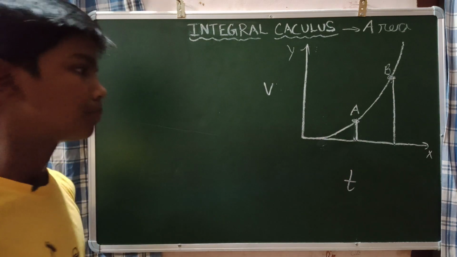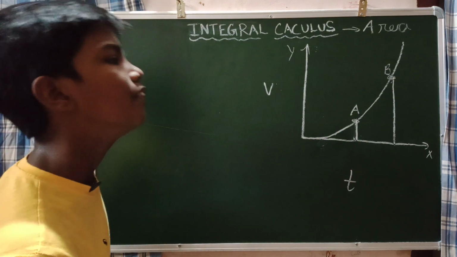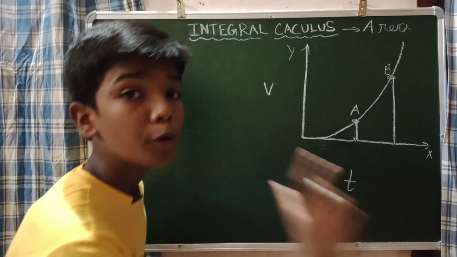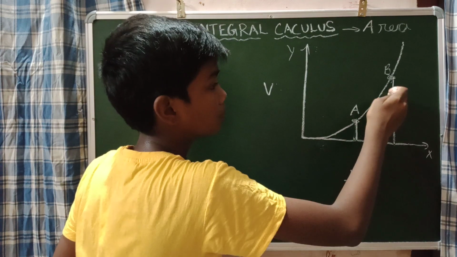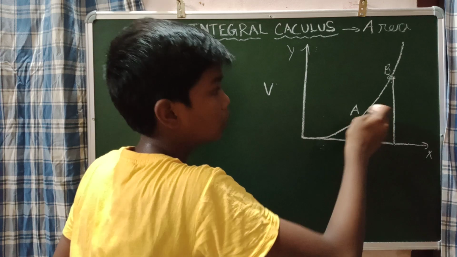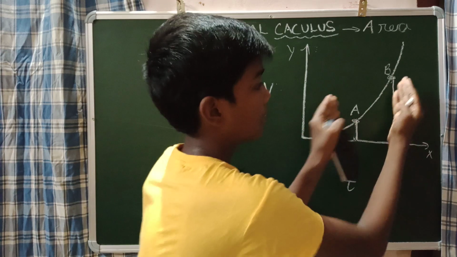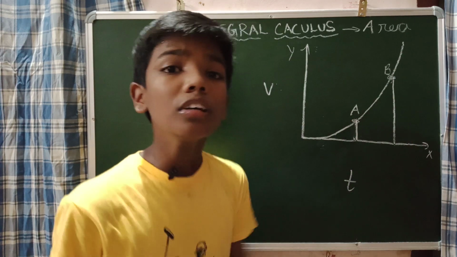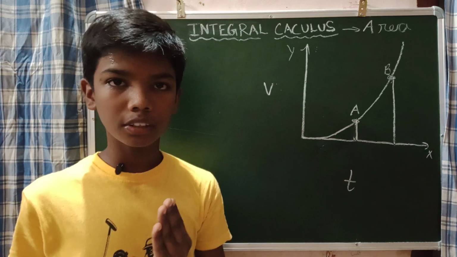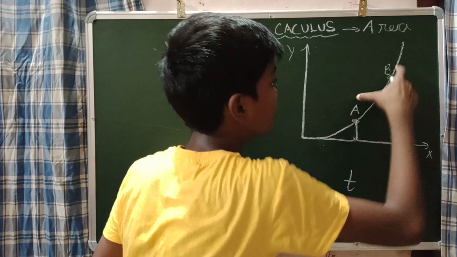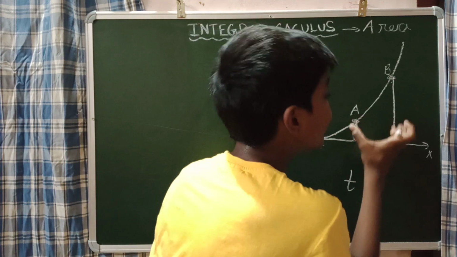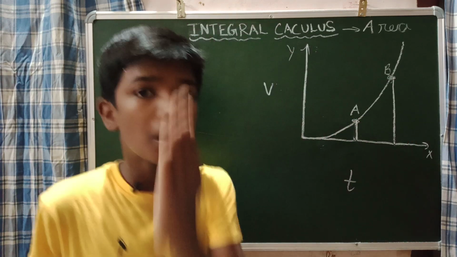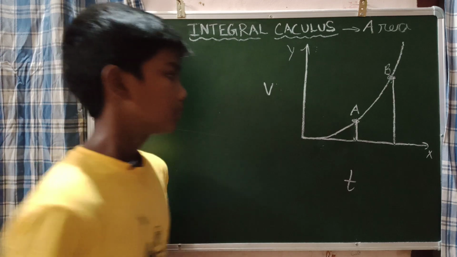Now what I am going to do is divide the space between these 2 points into small strips. I am going to divide this shape, that means AB, now I have drawn a straight line. I am going to divide this shape into small strips.